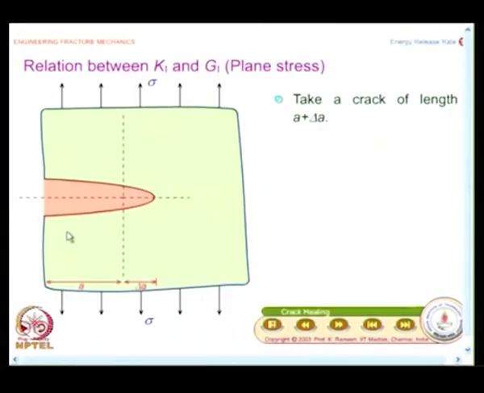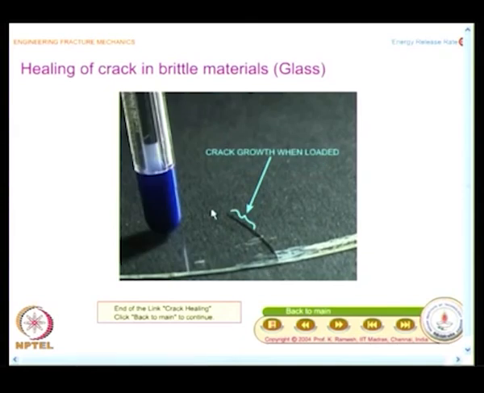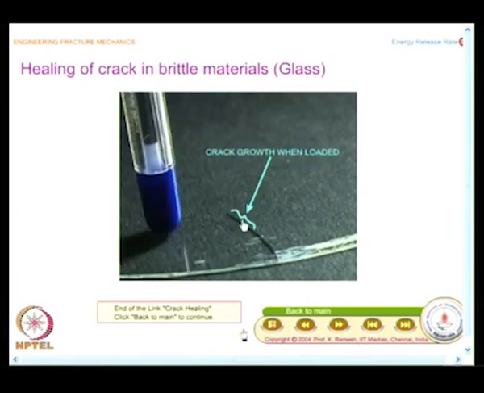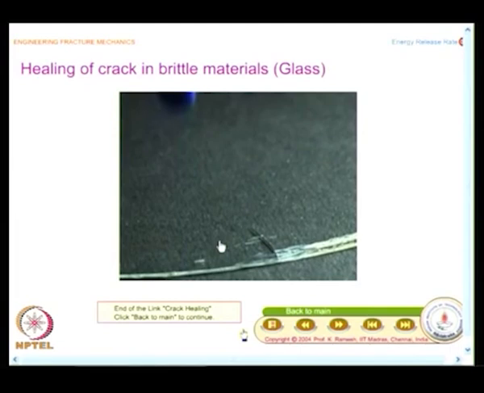If I take a length as delta A, if I close it, whatever the energy required to close would be the energy required for the formation of two new surfaces, for which we have already looked at an experiment of glass breaking like this. It was an accident in the laboratory. You find the crack propagates, and when the pen is removed there is a healing seen.